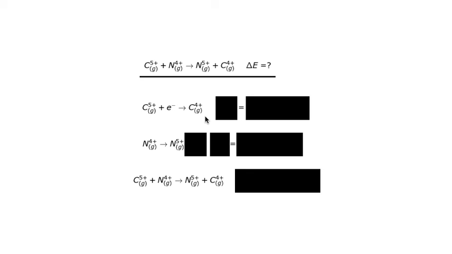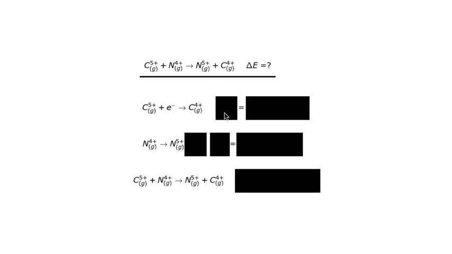If we look at the reverse process, going from carbon 4+ to carbon 5+, in which we would have to emit an electron, that would be the 5th ionization energy for carbon. So we could actually use that. Of course, the way they're related is that this process, as written, would be the reverse of the 5th ionization energy.